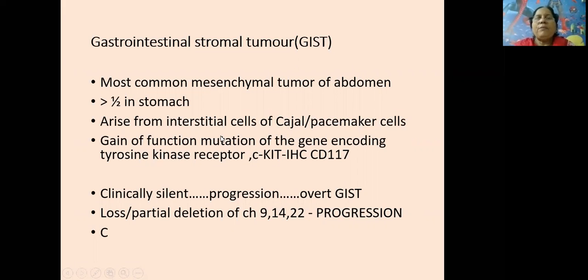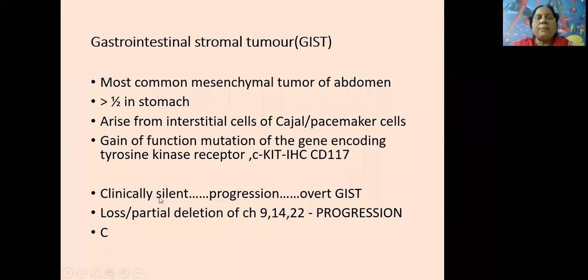Because of a gain of function mutation of the gene encoding the tyrosine kinase receptor, c-KIT. Because of this mutation, the tumor arises from the interstitial cells of Cajal. The immunohistochemistry marker for this tumor is CD117, or c-KIT.